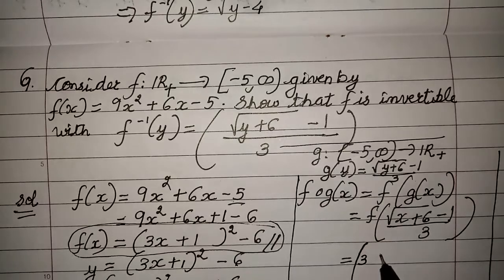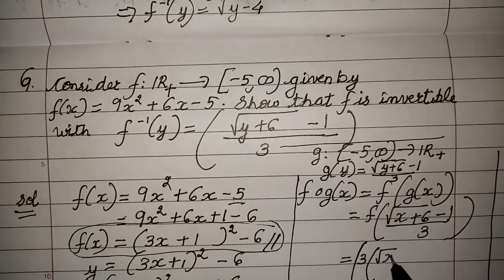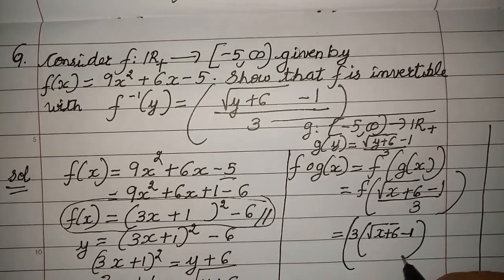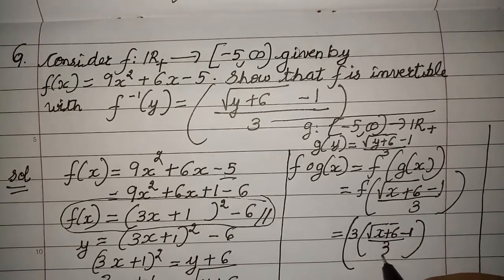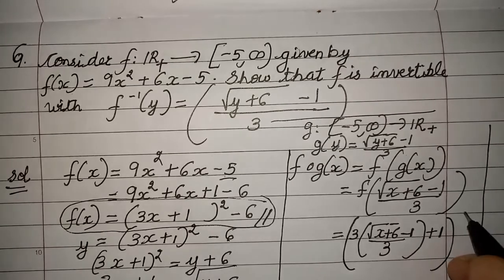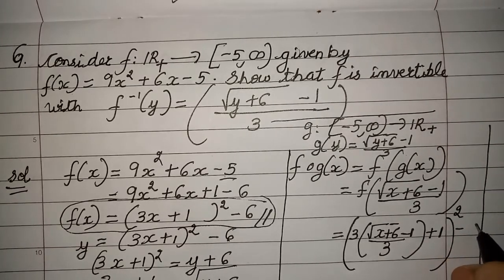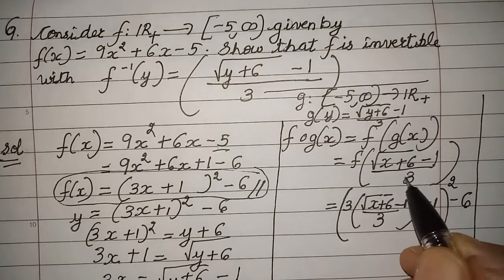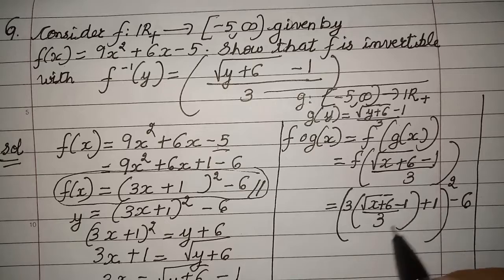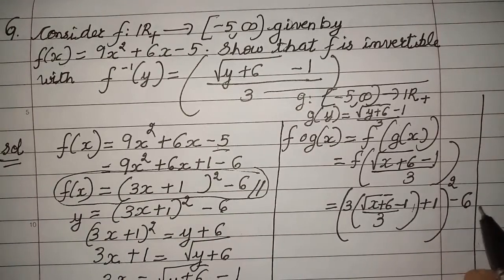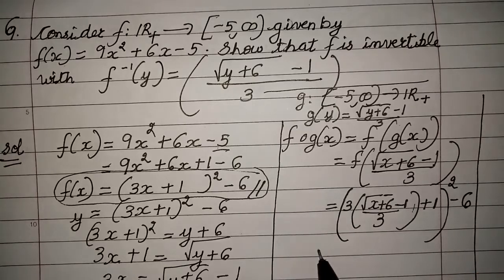So 3 times root of x plus 6 minus 1, this full number, plus 1, all right, its whole square minus 6. Do you get me, children? Treat it as capital X. So 3 times capital X plus 1 and its whole square minus 6. Okay, so now you can see that, children.